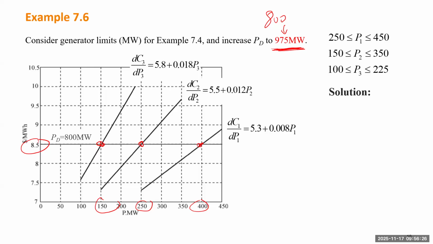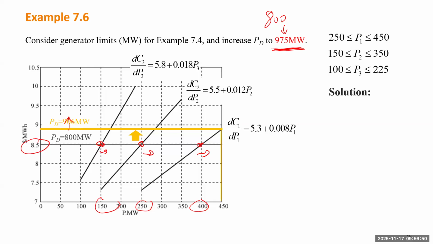But if we borrow the idea from the Newton-Raphson approach, we can start iteration. Let's use this $8.5 as our initial guess for lambda. This line needs to move up, right? When we move up, all the intersection points will move to the right, so we increase output together.